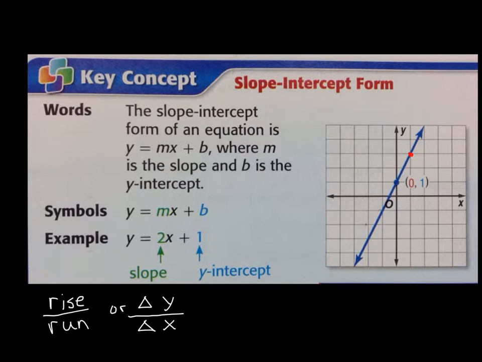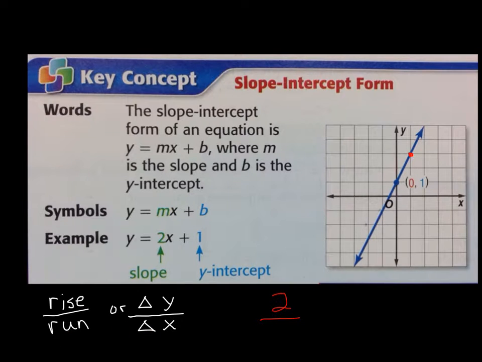Now remember, the top number in the slope is the rise, or the change in y. The y is up and down, so I start from this point, and to get to this point I'd have to go up 1, 2, and up is positive, so my change in y is 2. My change in x is the bottom number, the run.